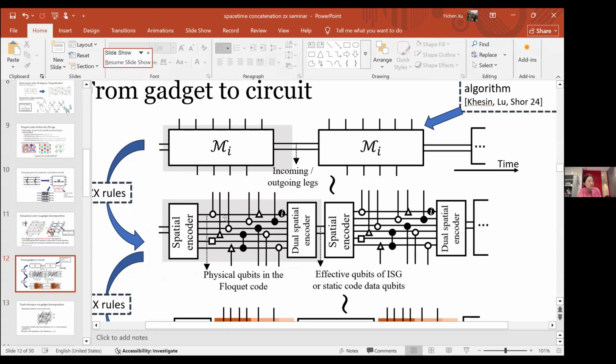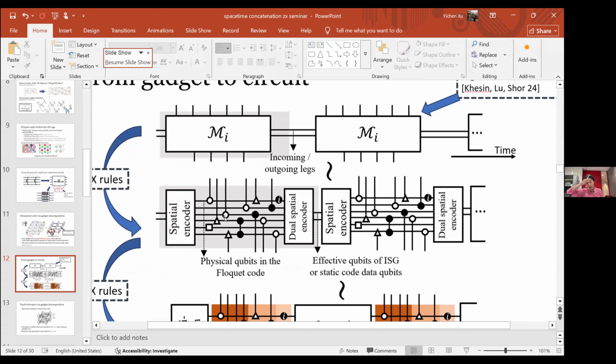Sorry, so when you say you're trading space with time overhead, the top and bottom edges are the qubit count, so would be your space overhead. Is that correct? Right. So the number of horizontal lines inside the gadget is the number of physical qubits.